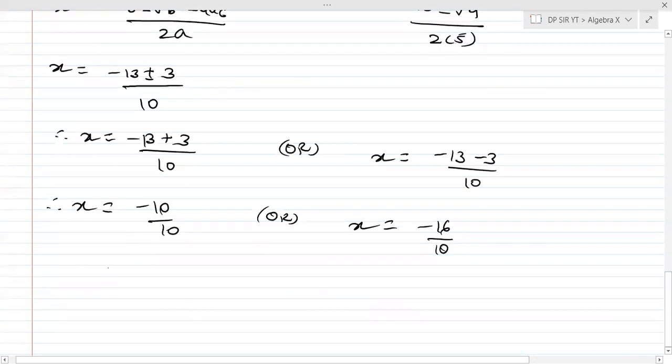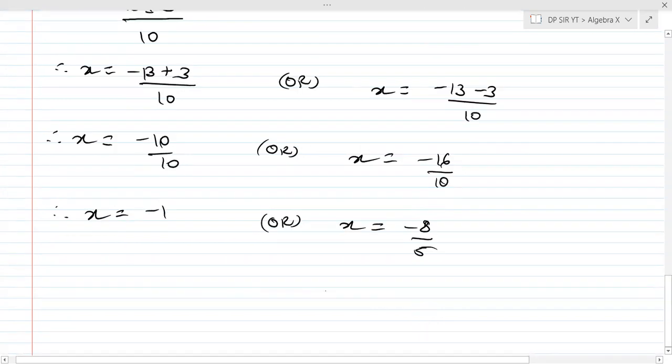You can reduce it by 2. So therefore, x is equal to minus 1, or x is equal to 2 8s are, isn't it? 2 8s are. So minus 8 upon 5. And if I am not wrong, these are the roots because इसके आगे तो divide नहीं हो रहा है कुछ भी.